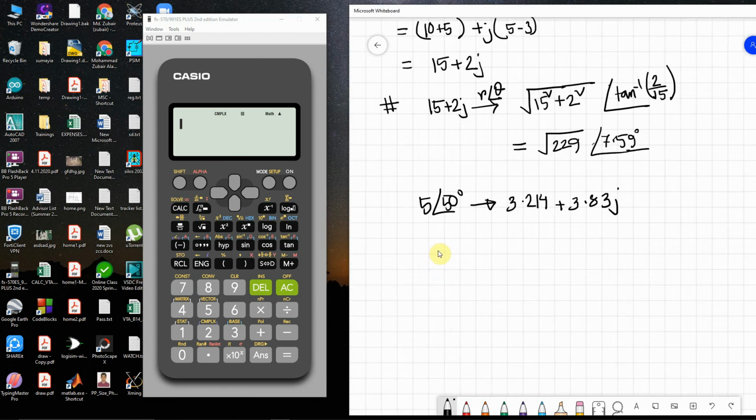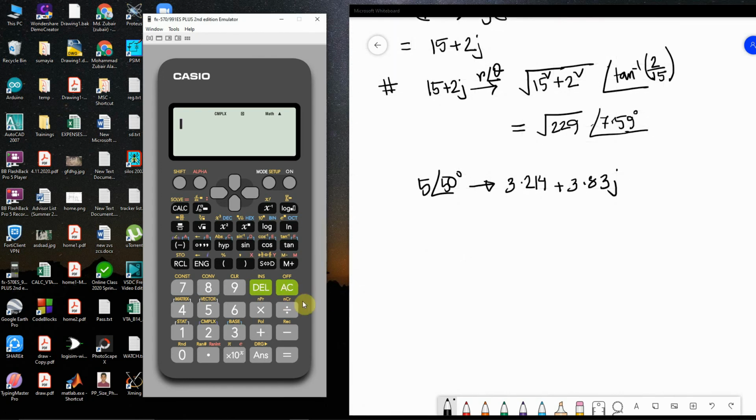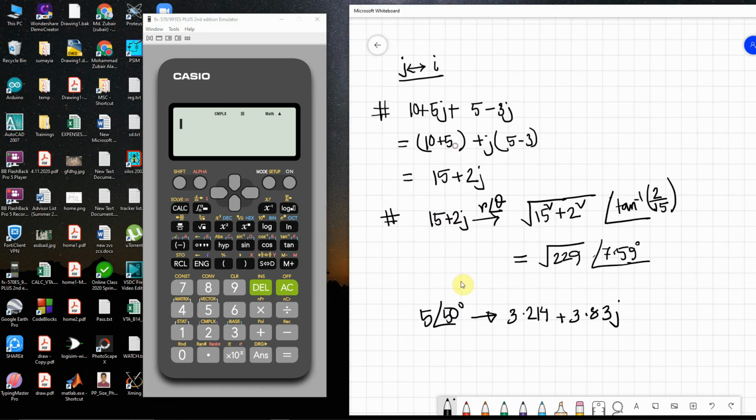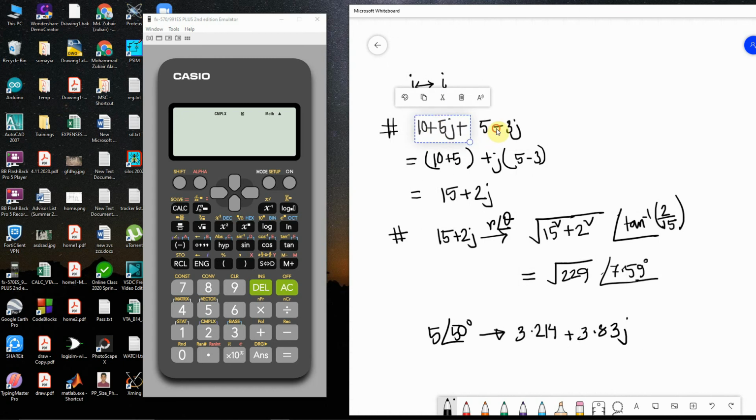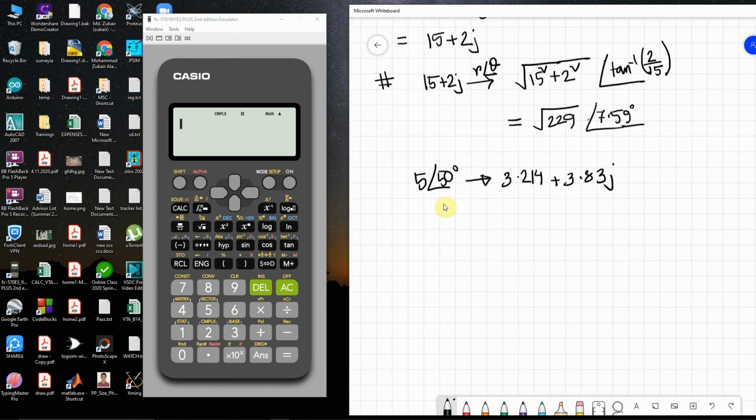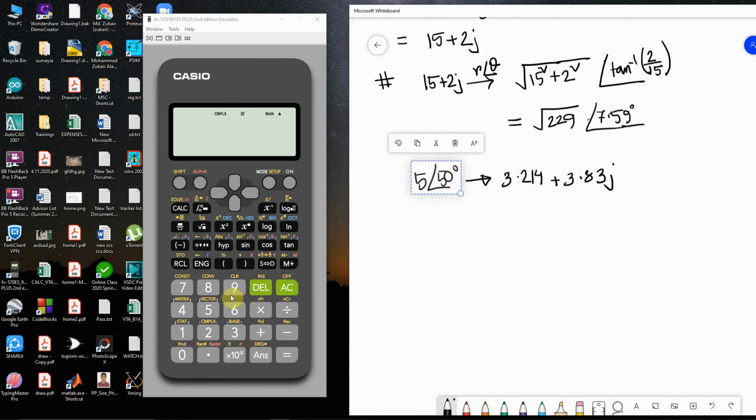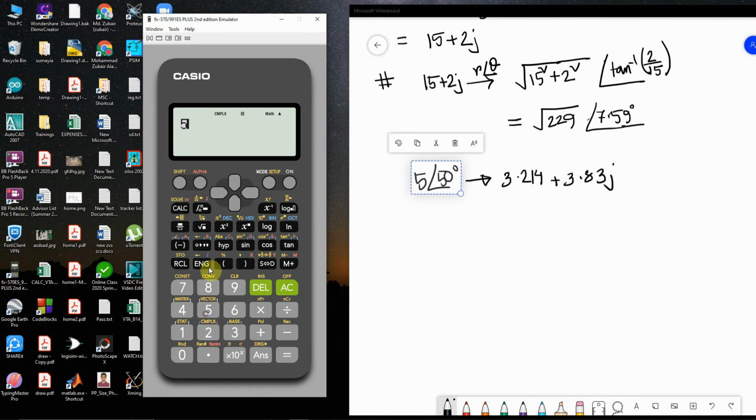Now a simple calculation between polar numbers. First of all we have done the Cartesian calculation of complex numbers. Now let's do it with polar numbers. Let's write 5 angle 50 degrees. Say I want to add 5 angle 50 degrees with 3 angle 100 degrees.